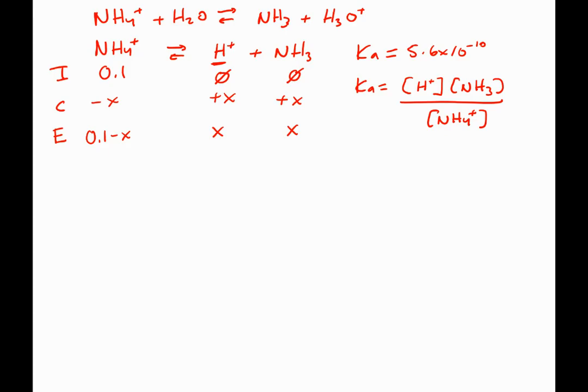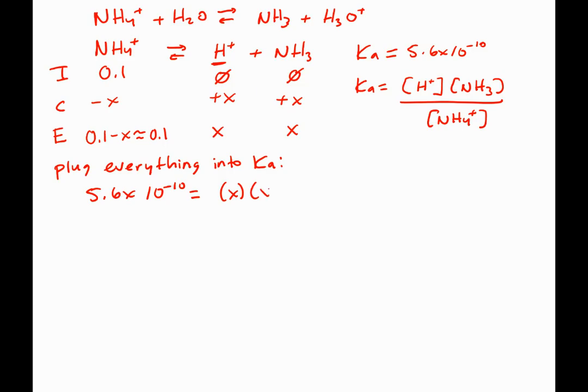And to avoid the quadratic, keep in mind that the value of Ka is less than 10 to the minus 3, and so the small x approximation would be valid here. We could approximate the equilibrium concentration of NH4+ to just be 0.1 molar. Now we can plug everything into Ka. When you plug everything into Ka, what you're going to end up with is 5.6 times 10 to the minus 10 equals the concentration of H+, which is X, times the concentration of NH3, which is also X, over the concentration of NH4+, that's 0.1.